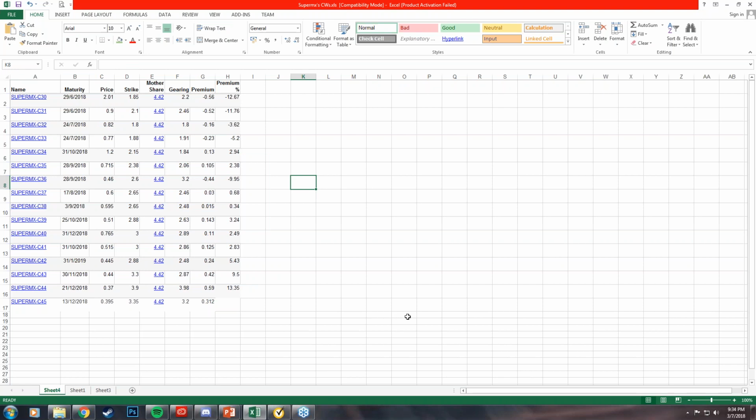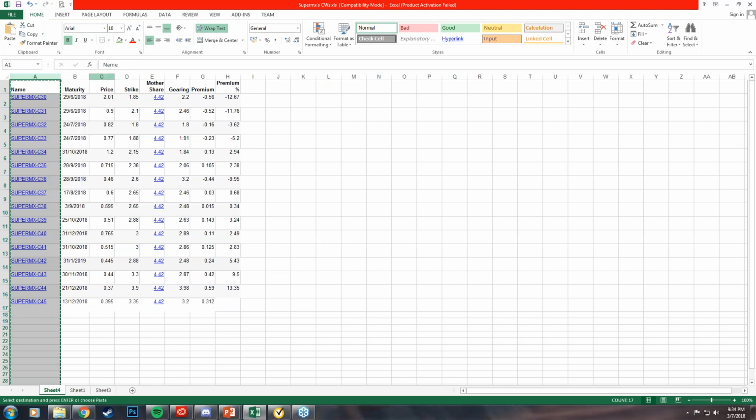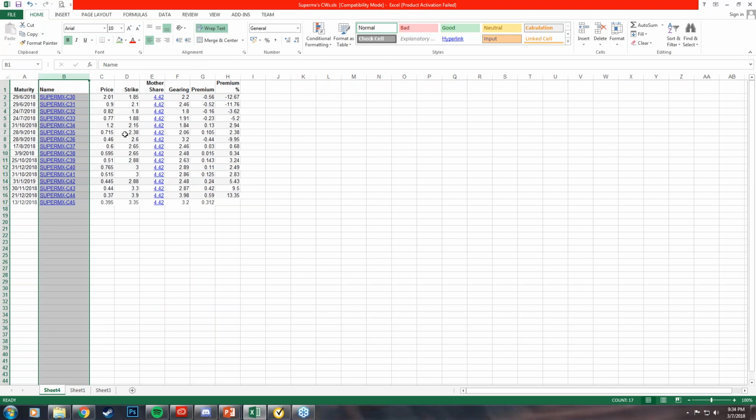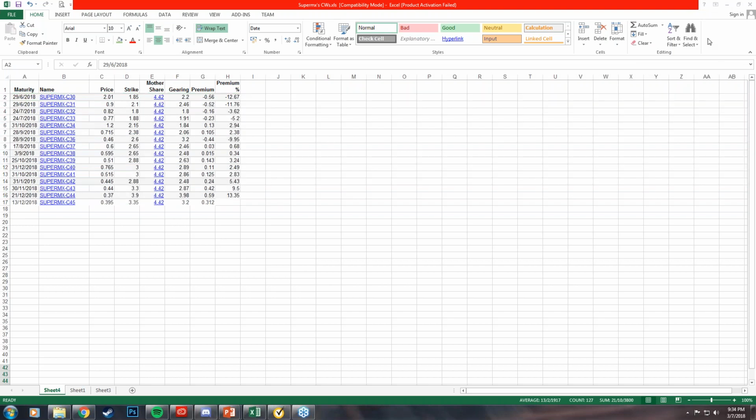So you have already satisfied the first condition, which is to select the stock first. Then the next one is to select the stock with the right maturity. So let's say you want to sort out the maturity here. Let's move this to the front, and you would then sort this.